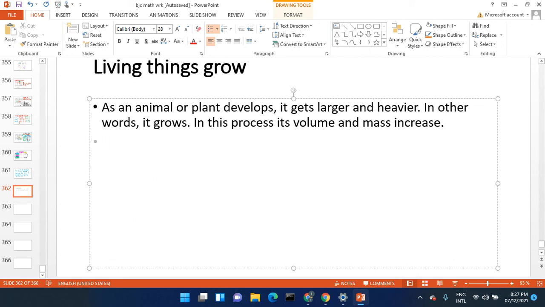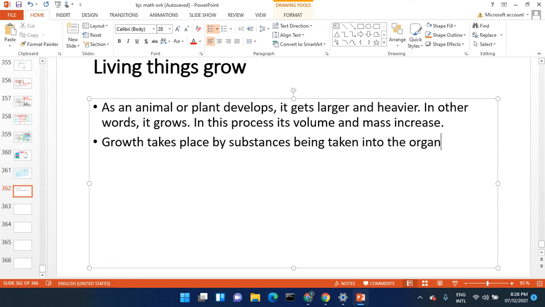All right. Now, growth takes place by substances being taken into the organism from outside.